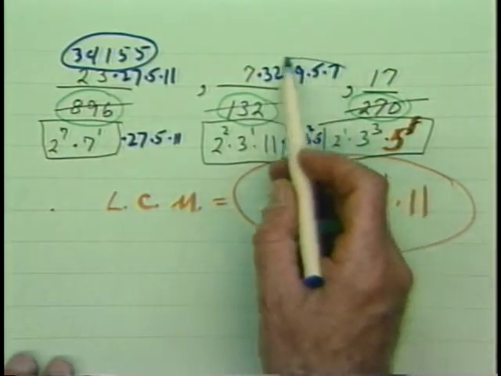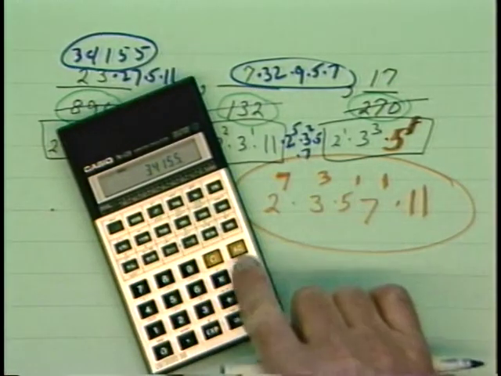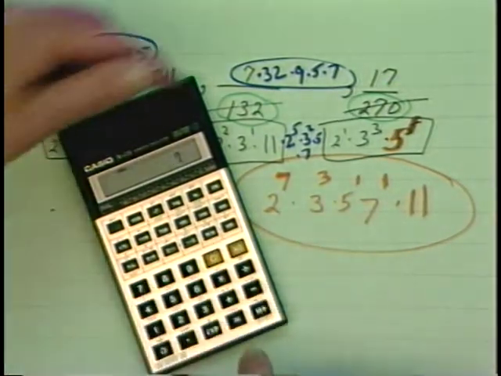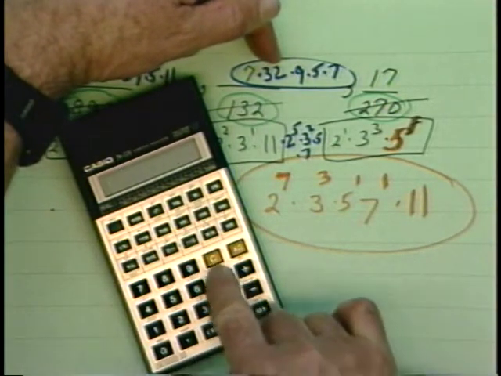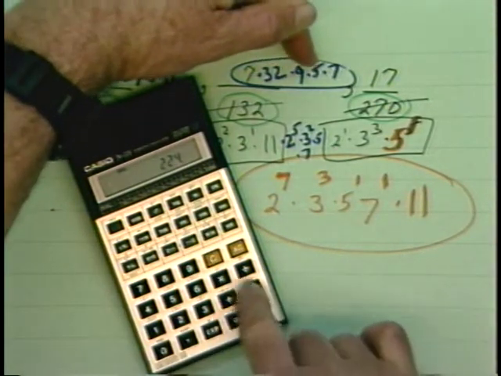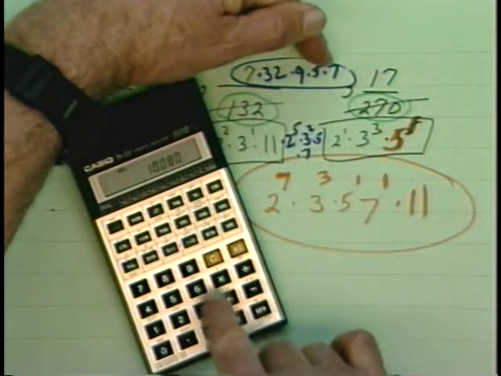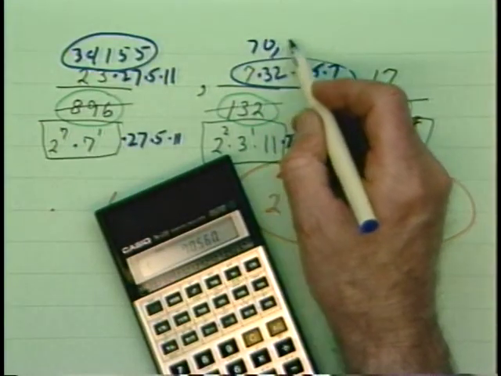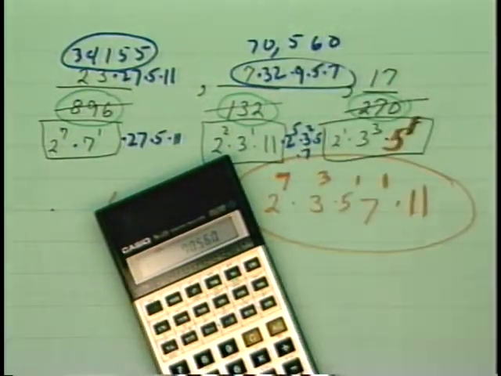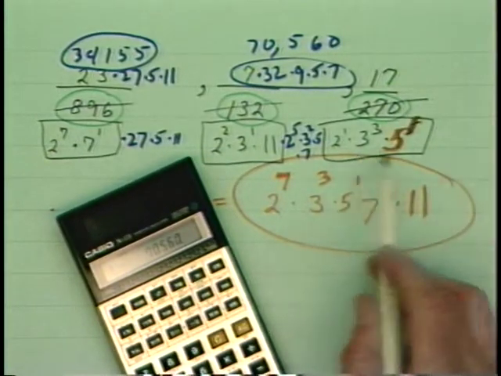So as messy as it is, the routine is simple. I'm going to have a 7 times 32 times 45, see that 9 times 5, times 7, and that gives me 70,560. And we're going to do the same thing here.